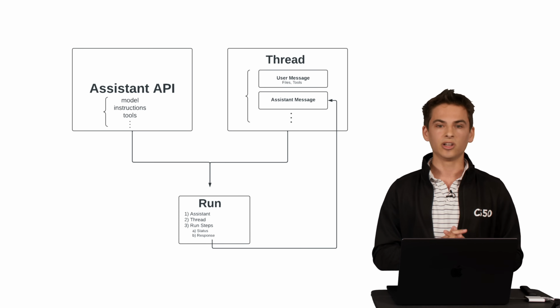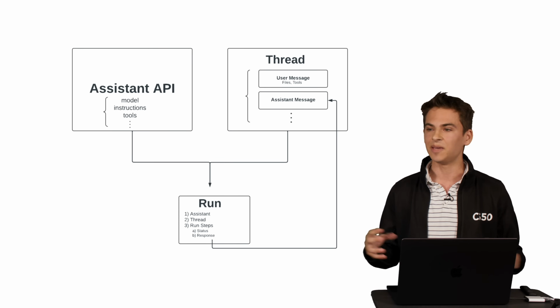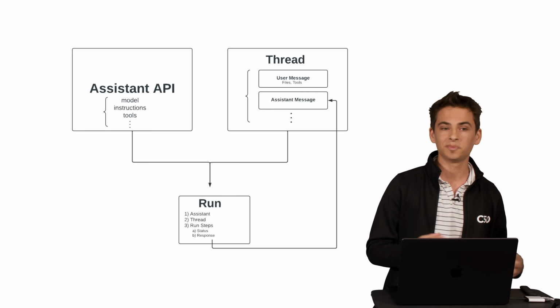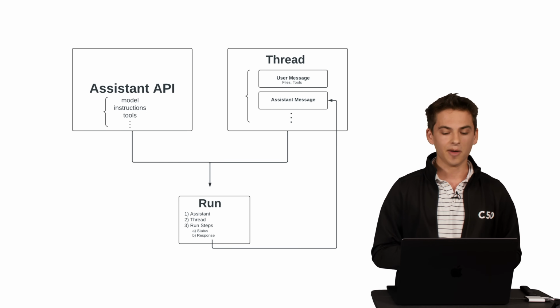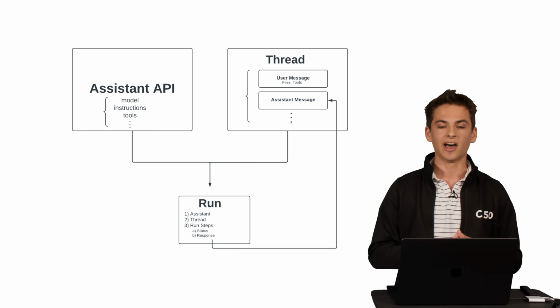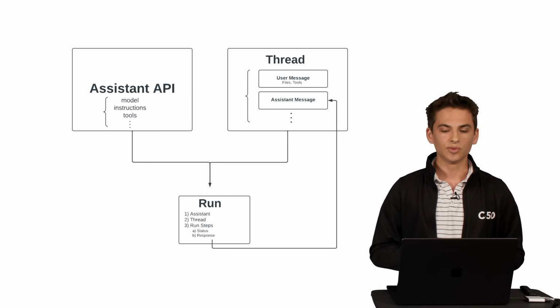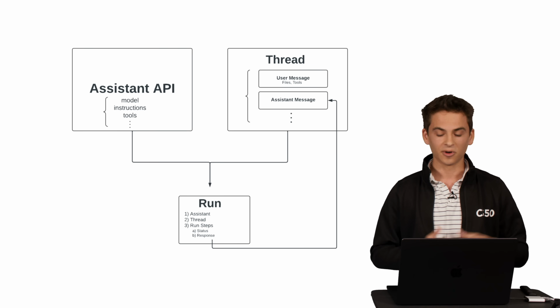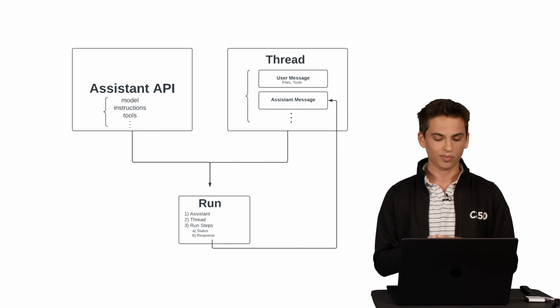So now we are going to be talking about the brief framework and flow of the Assistants API so we understand how it works behind the hood. So we start off with creating an assistant. And in order to create an assistant, we can define the model that we want to use, its instructions, as well as various tools. For example, like code interpreter, file search, and function calling, which I'll talk about in a brief moment.